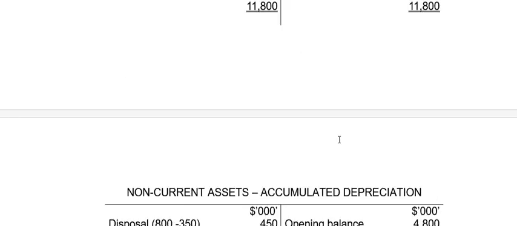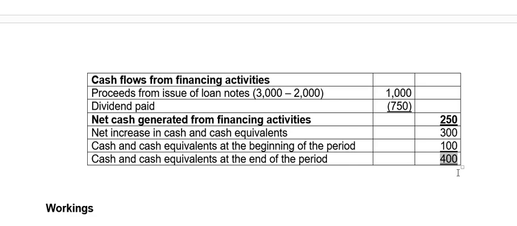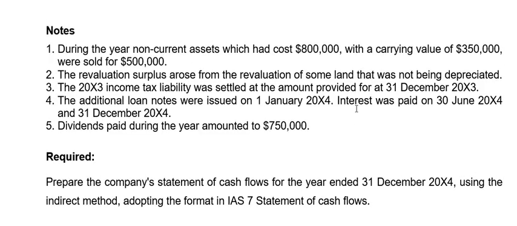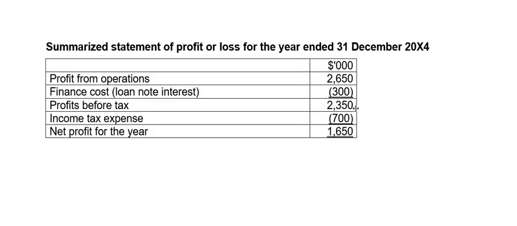The movement has been 300,000 during the year. Then you have to look at the statement of profit and loss as well. You need the profit before tax from this statement always. You need the finance costs as well. Then you also need the income tax expense, because it's going to guide you on how to arrive at the tax that has been paid during the year.